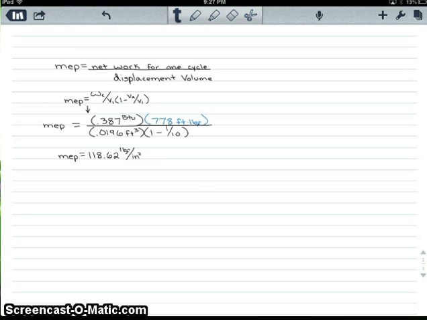As you input your known values, 778 foot-pounds is the conversion for BTUs. As you solve across, you can see that MEP is equal to 118.62 pound-force per inch squared.